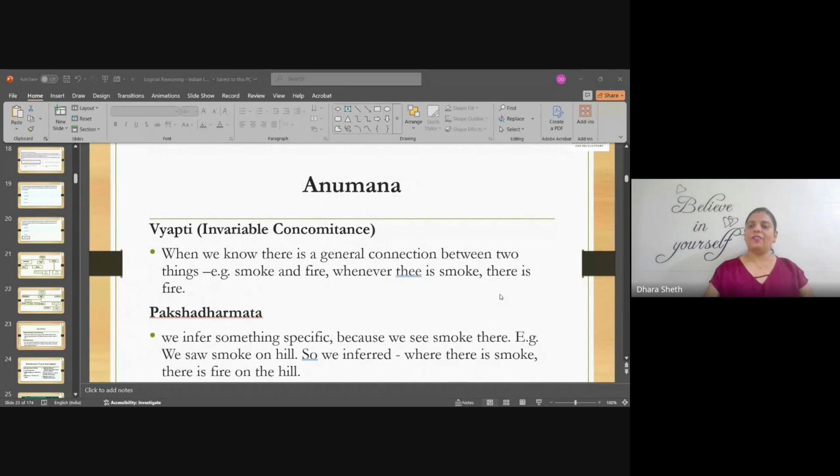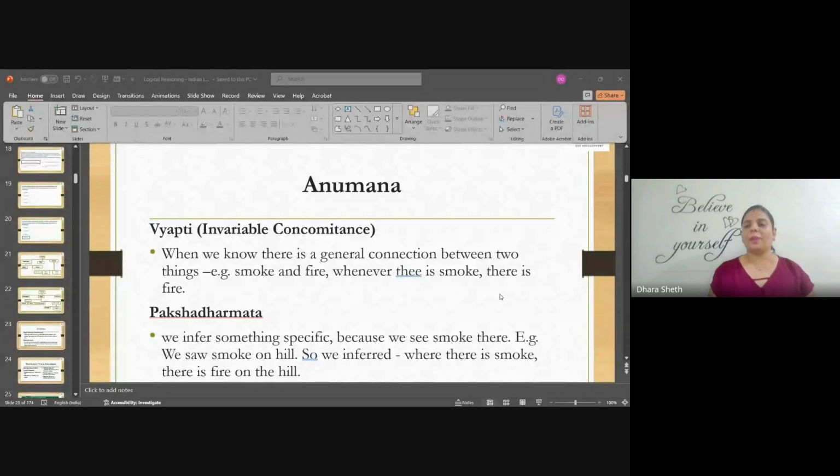Vyapti, which is called in English invariable concomitance. So whenever you read this term, invariable concomitance, in the question, they do not write Vyapti every time. They call it invariable concomitance sometimes. So there you need to be clear that this is talking about Vyapti.